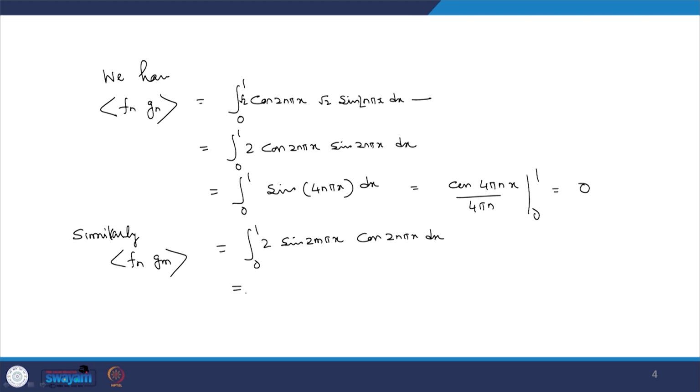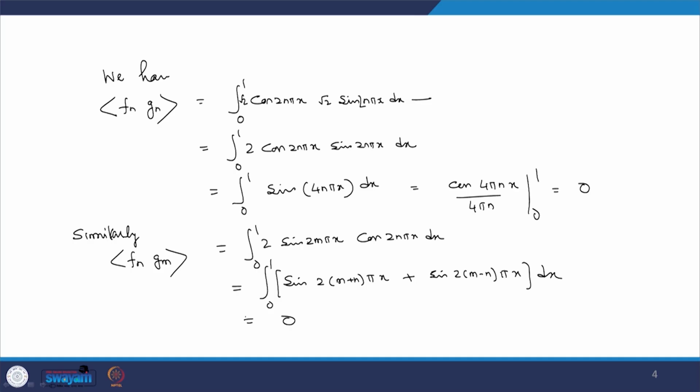Again this can be simplified: it will be equal to sin 2(m plus n) pi x plus sin 2(m minus n) pi x, dx from 0 to 1. If I integrate, this is equal to 0. So if we consider any pair of distinct vectors, we see the inner product equals 0.